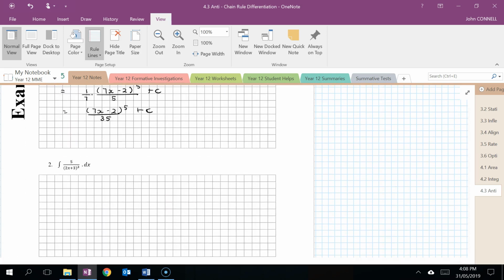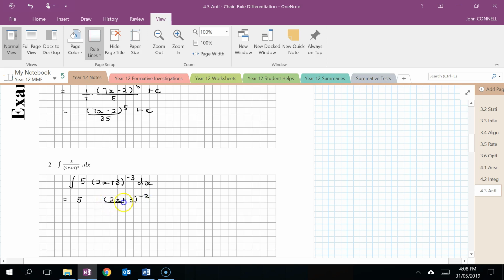Okay, all right, how about this one? Well, it looks a bit harder, but we know that we can write this as a linear argument to a power, just so the power is negative. So we don't worry about the constant, that just sits there. It'll just be part of our integral. So then I have to first of all add 1 to the power.